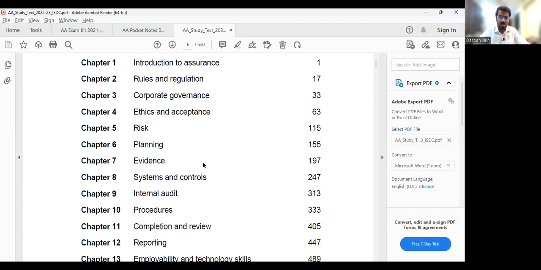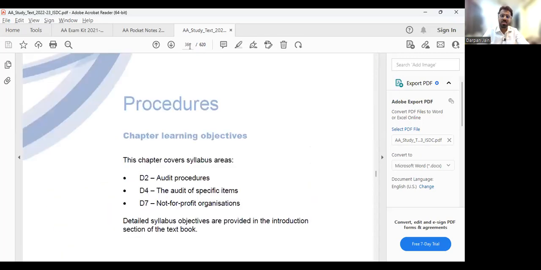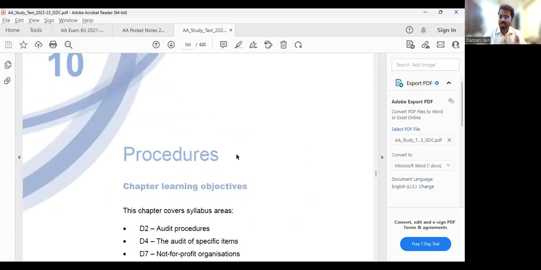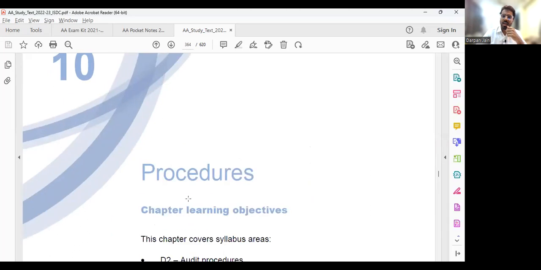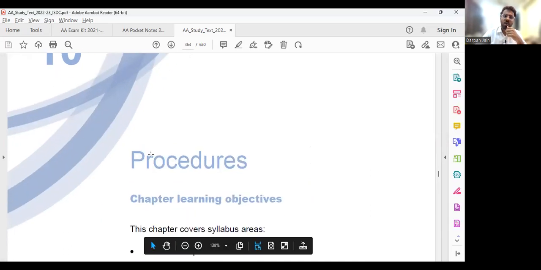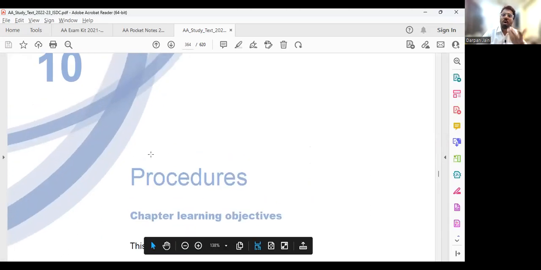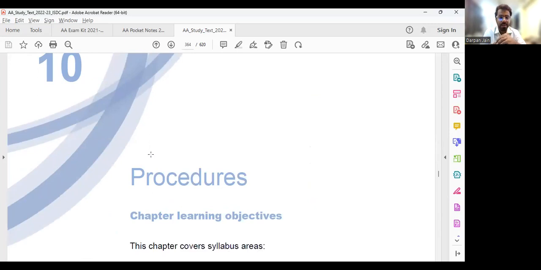Okay, now let's go to the procedures chapter. So what does procedures mean? These procedures mean audit procedures. These are nothing but audit procedures. Now, what about audit procedures? Why are you doing audit procedures? You tell me. The audit procedures that an auditor does, why is he doing these procedures?